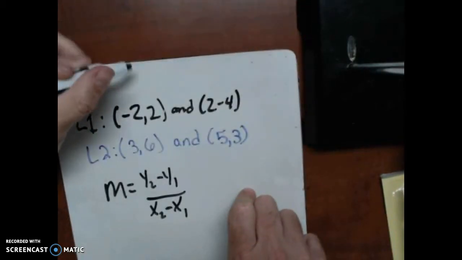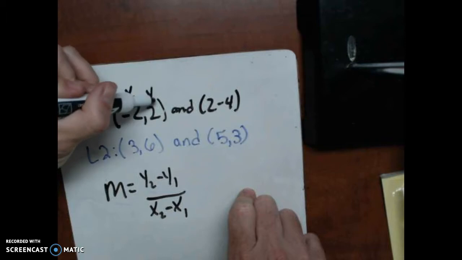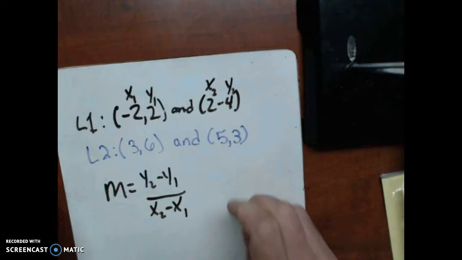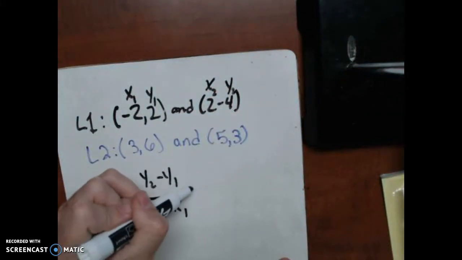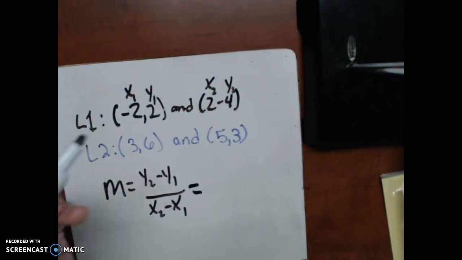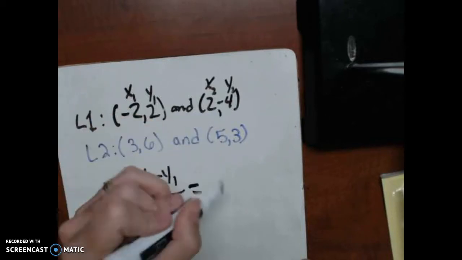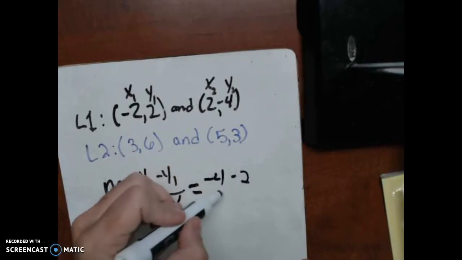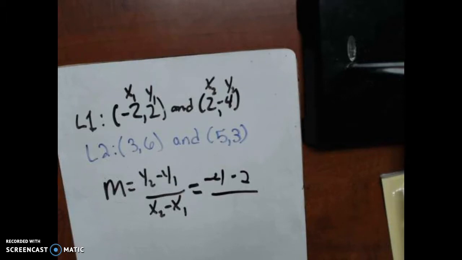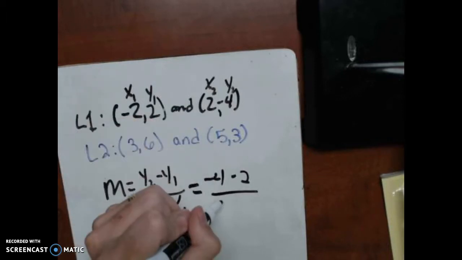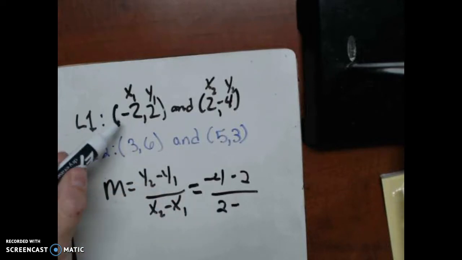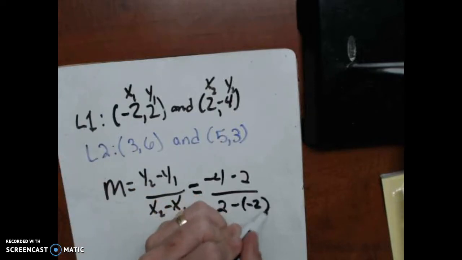So this one up here for starters will be x1, y1, x2, and y2. And let's just plug those values into our slope formula. y2 is -4, y1 is 2, and on the bottom x2 is 2, and x1 is -2.